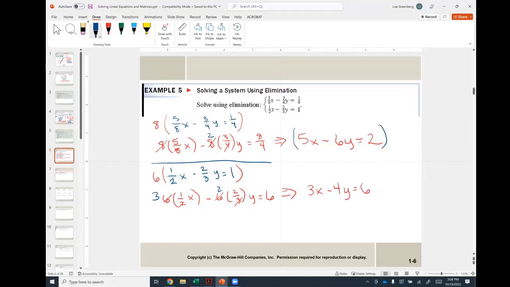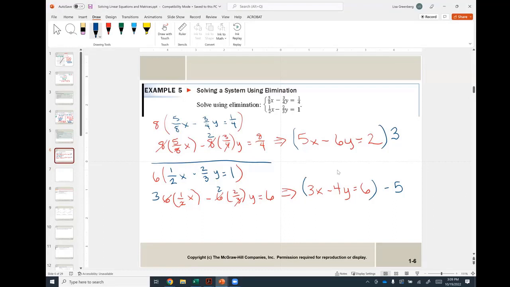Multiply both equations. And again, it doesn't matter which one you eliminate. I'm going to eliminate x because I'm going to multiply by 5 and 3 instead of 6 and 4. But honestly, it's not going to make a difference. So I'm going to multiply the top equation by 3 and the bottom one by negative 5. All right.